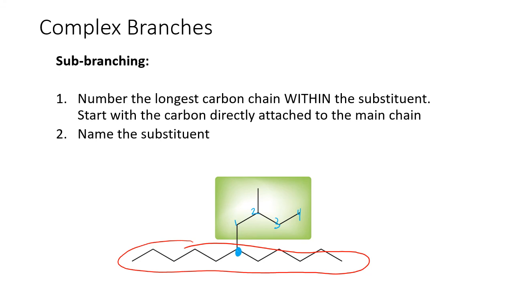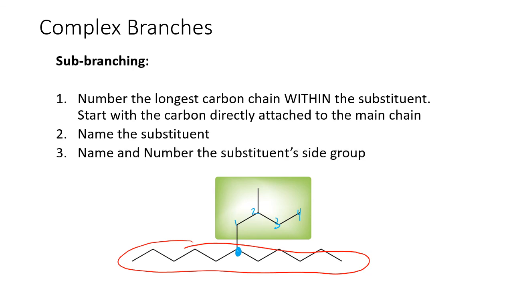And then next we're going to name that substituent, and we'll talk about how we add that to the full name in a minute. We give any of the side groups a number as well within that substituent. So we have to differentiate essentially between our numbering of our parent chain and the numbering of our side branch. So for our parent chain, originally we might go 1, 2, 3, 4, 5, 6, 7, 8, 9, 10, 11.